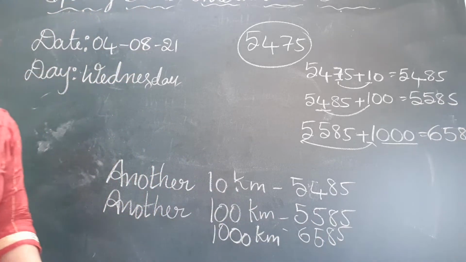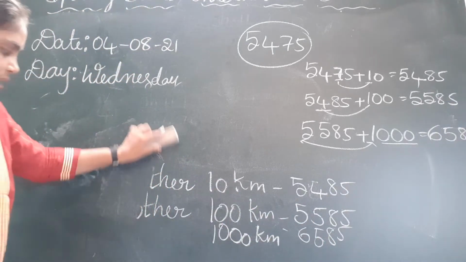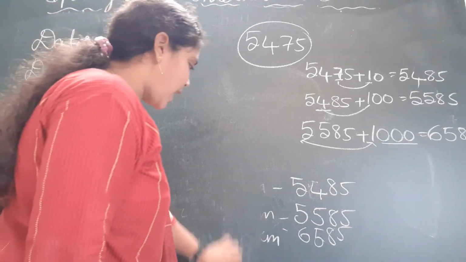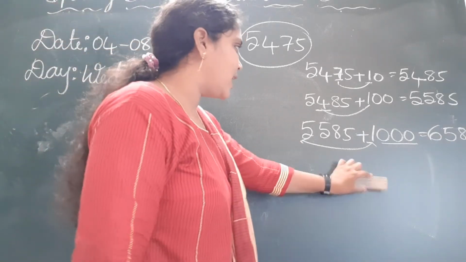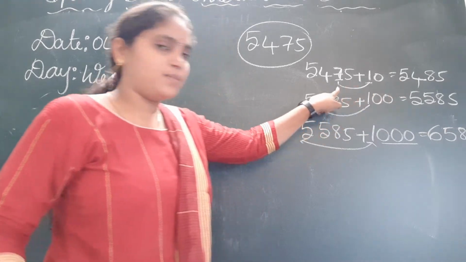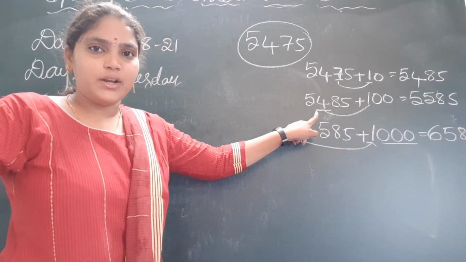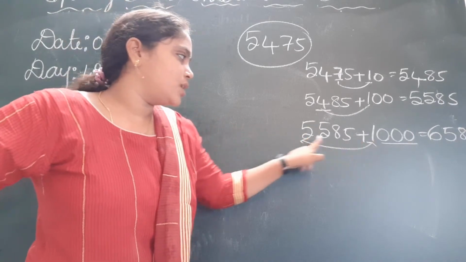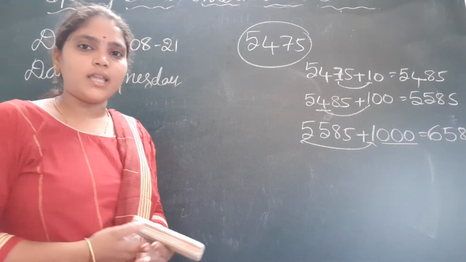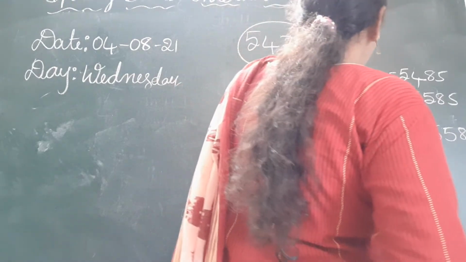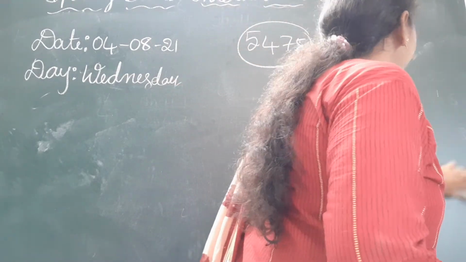So everyone write like this, children. So just if you are adding 10 means just add 1 in 10's place, and adding 100 means just add 1 in 100's place, and adding 1,000 means just add 1 in 1,000's place. Okay, children, I hope everyone clear.